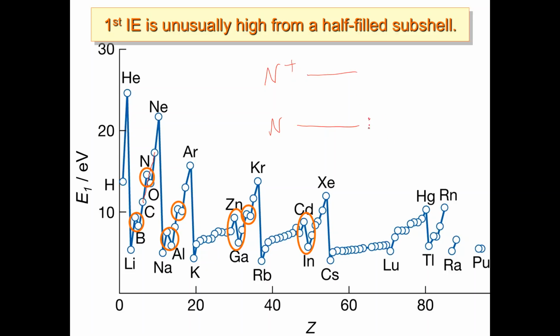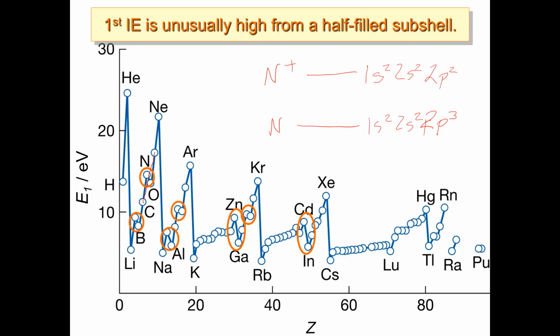Nitrogen is 1s2, 2s2, 2p3. And the nitrogen cation, you just take one of those electrons away: 1s2, 2s2, 2p2. I look at the data and I see that the nitrogen first ionization potential is unusually high. It's off the trend to the high side.